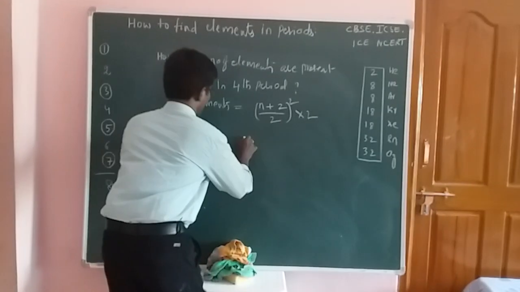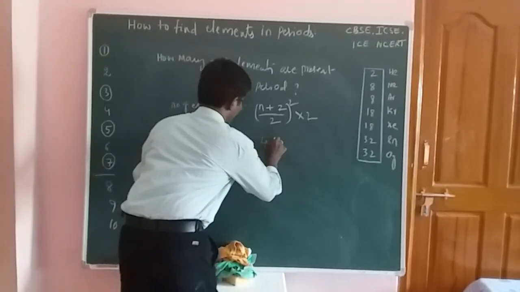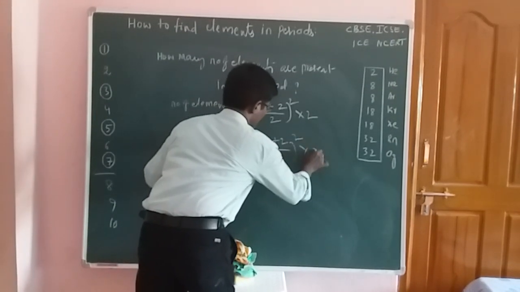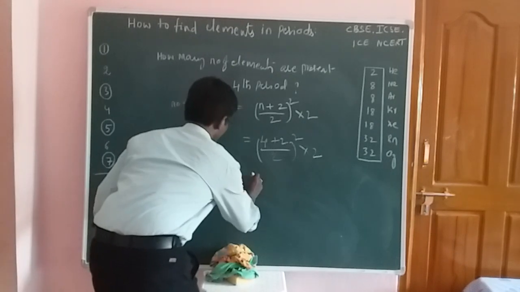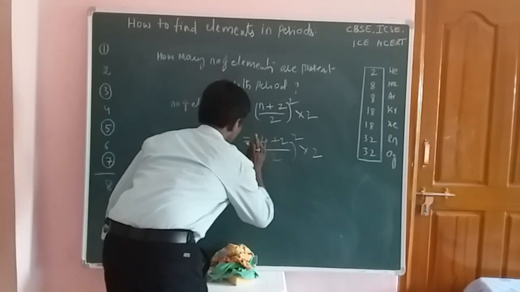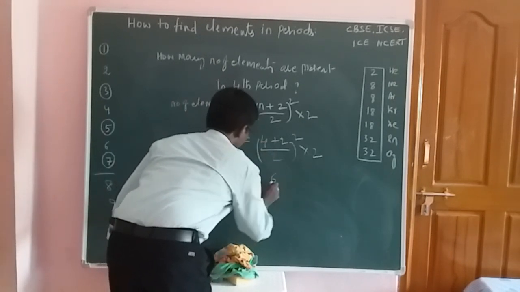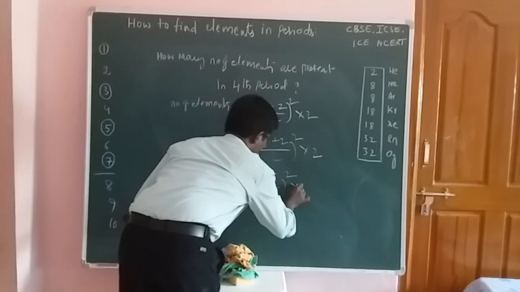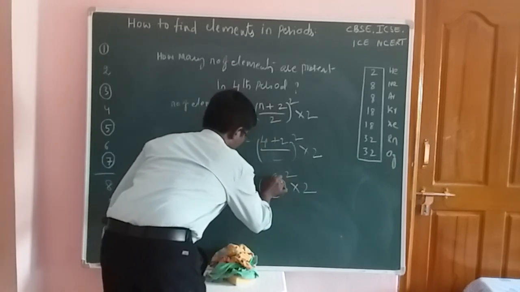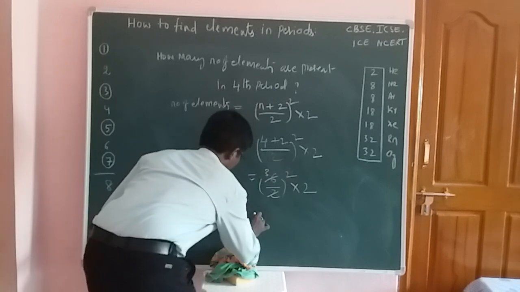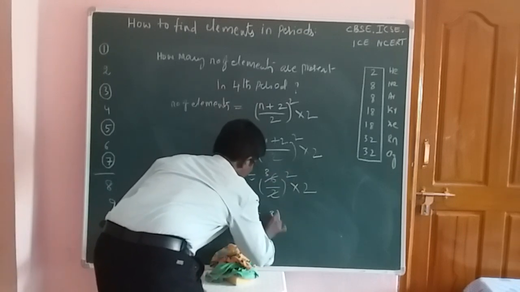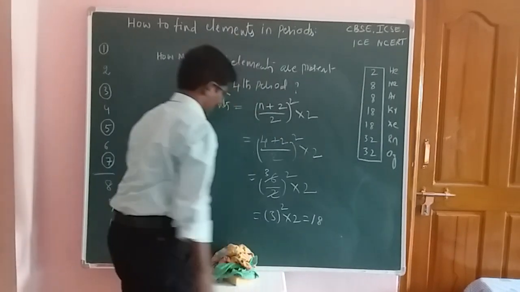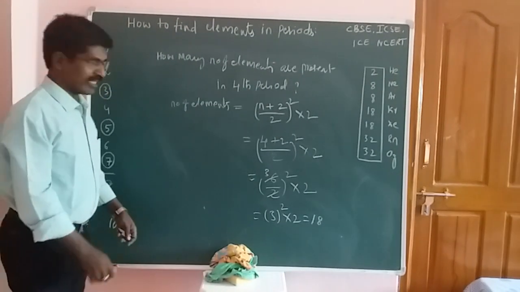Now here 4 plus 2 upon 2 whole square into 2. Okay, students. So 4 plus 2 is 6, 6 by 2 whole square into 2. Now that means 3 square into 2, which is equal to 18 elements. Okay, students, 18 elements.